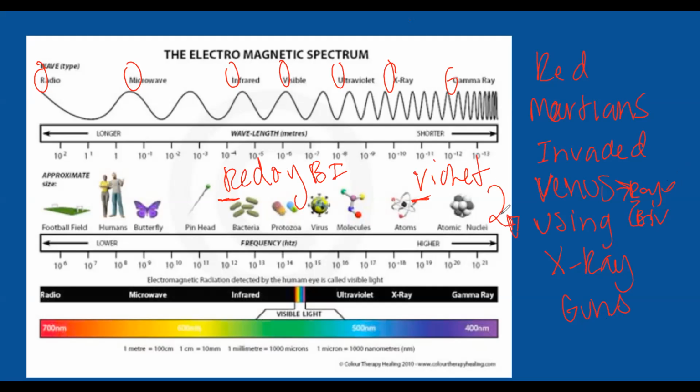So ultraviolet, you know, a bigger, more extreme violet. And then we got X-rays, and then we got gamma at the very end. So that is just a mnemonic to help you remember the electromagnetic spectrum.